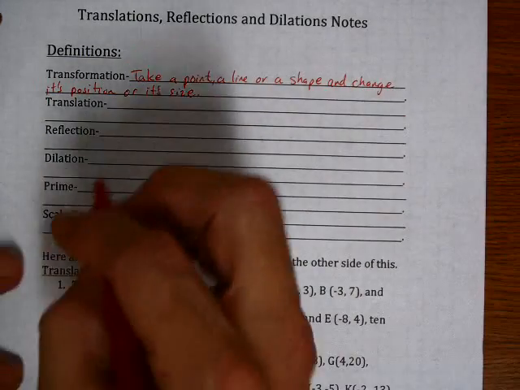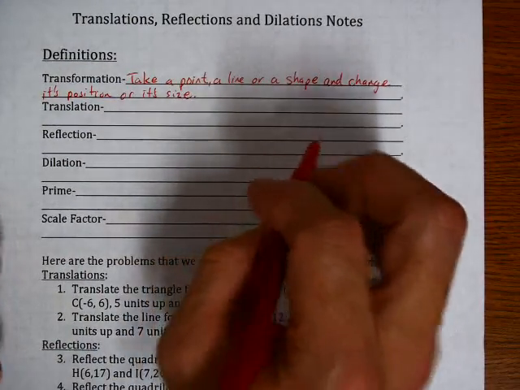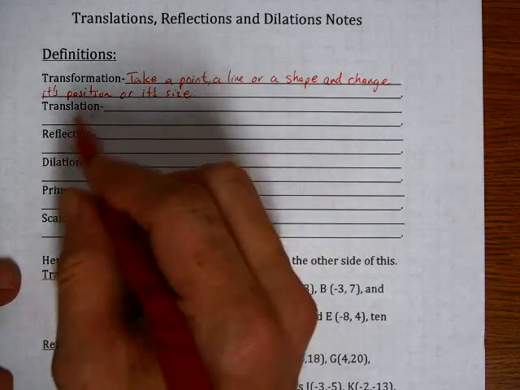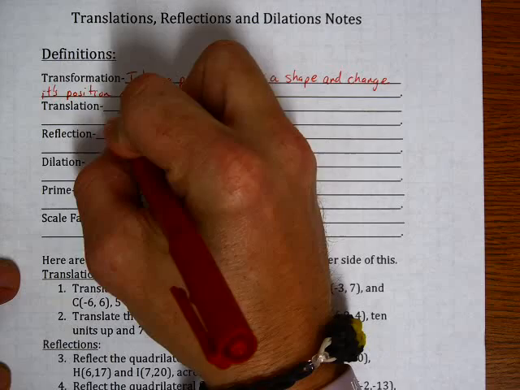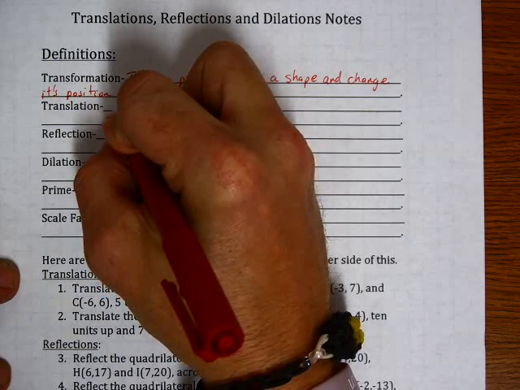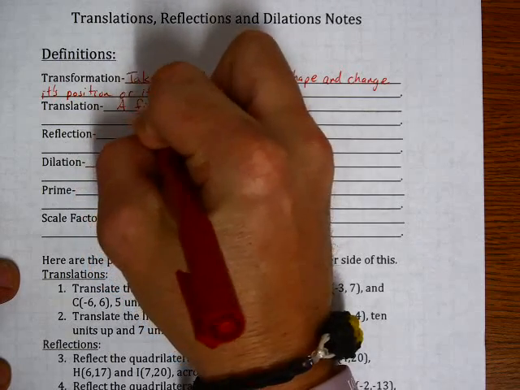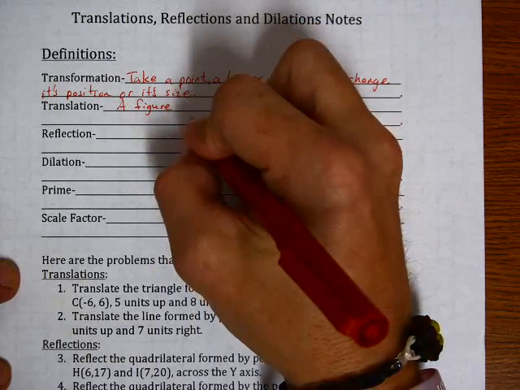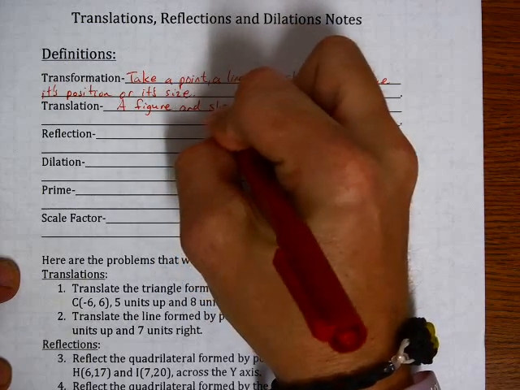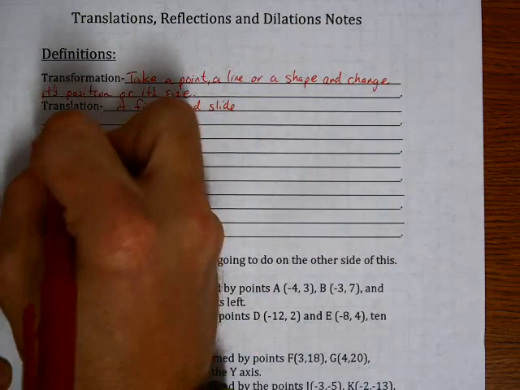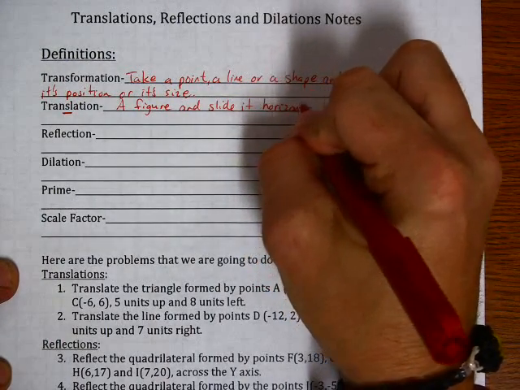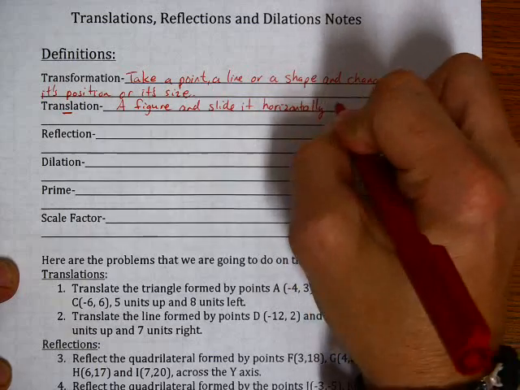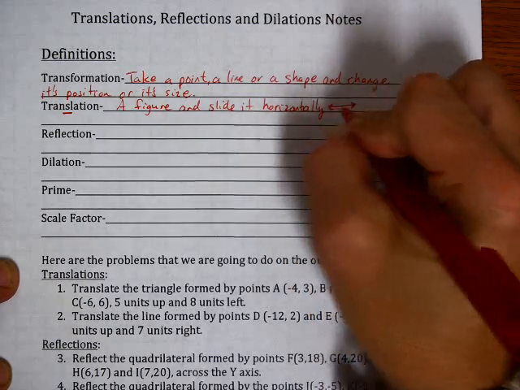All right, next. Basically, that first definition means the next three things are all transformations. So, in this one, a translation, you take a figure and slide it, which a lot of you will remember the SL. Slide it horizontally, like the horizon, left or right.